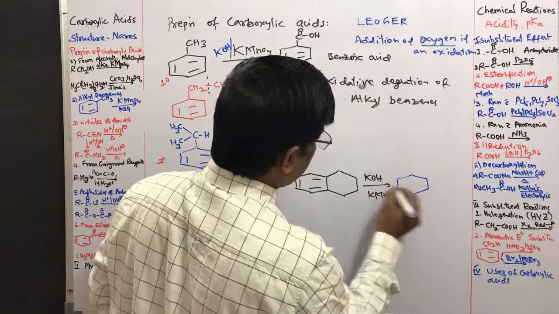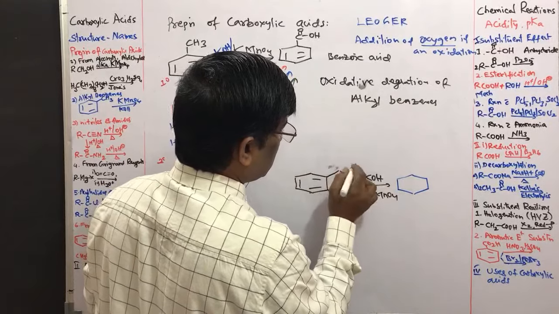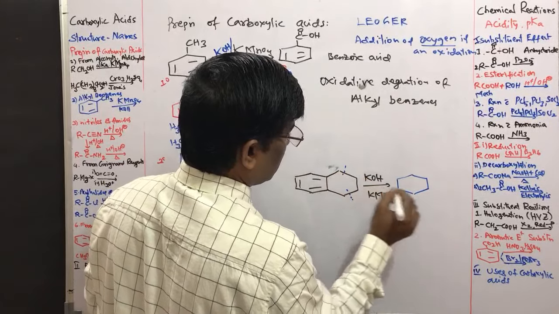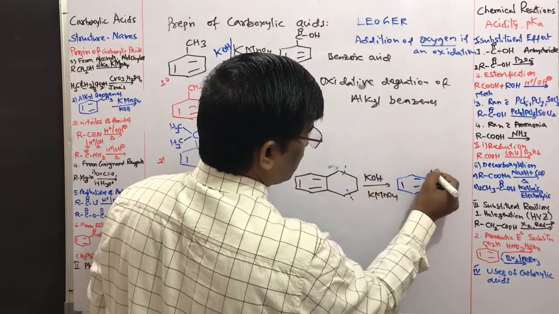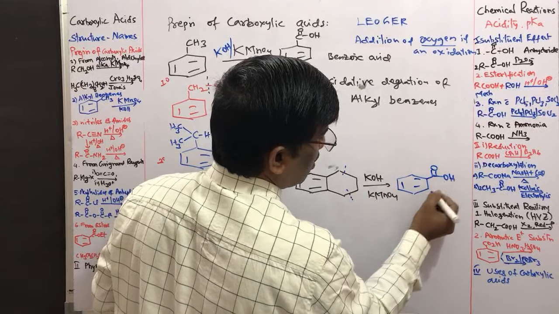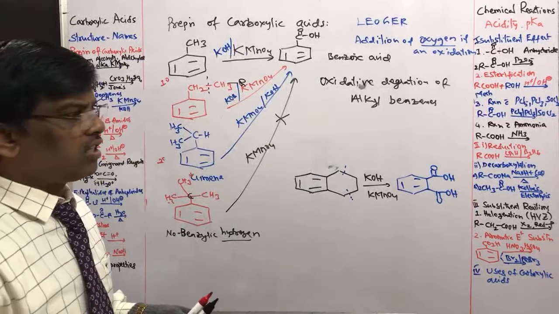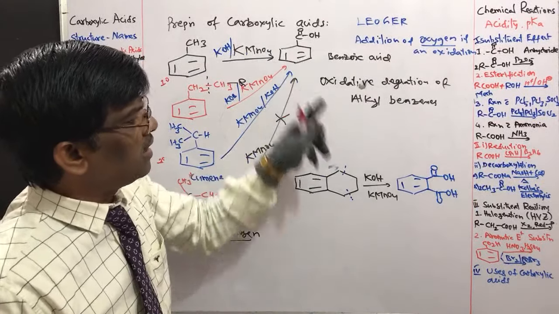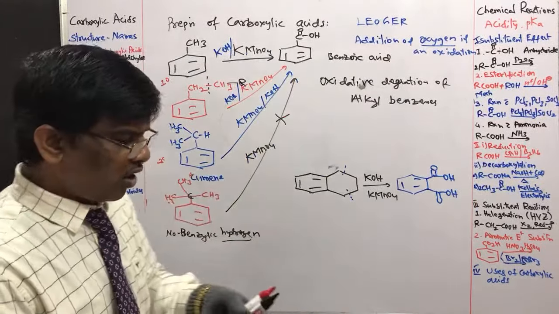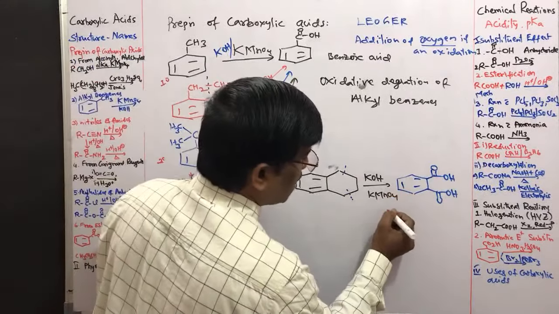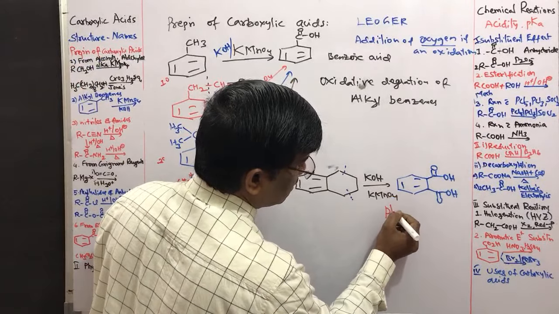So what I said, it is going to break here and here to give benzene dicarboxylic acid, 1,2-dicarboxylic acid. So this is benzoic acid, this is benzene 1,2-dicarboxylic acid. Its common name is phthalic acid.